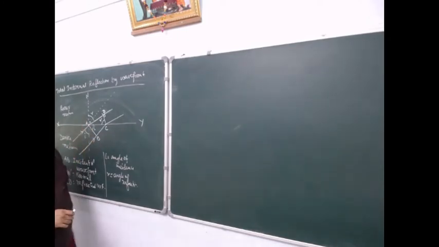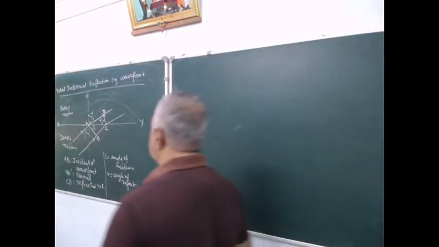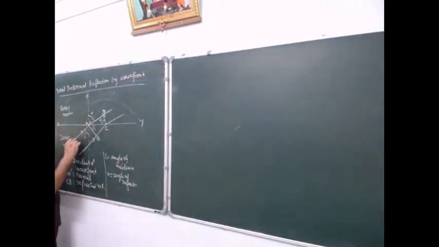Let me use a color so that you can understand better. This is the angle of incidence, and now I am increasing this. Let me draw like this. What happens?